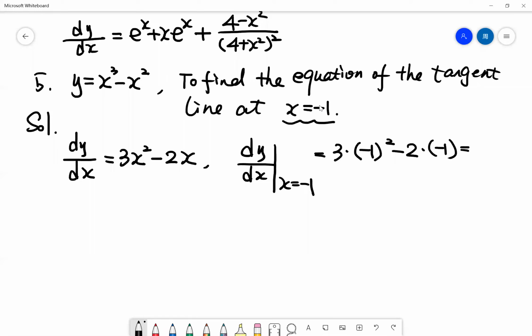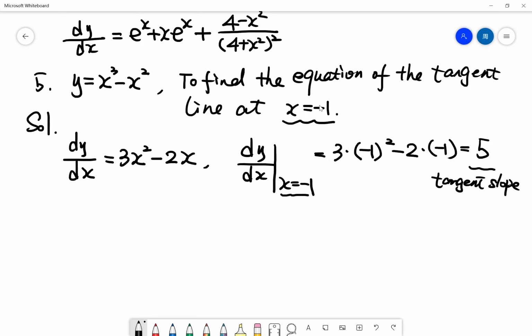So here we got the slope, the tangent slope at this point, that is 3 plus 2, so equals 5, right? So that is the tangent slope at this point, x equals minus 1.